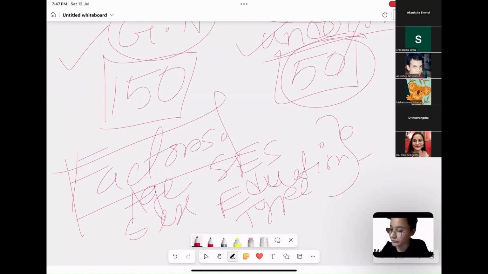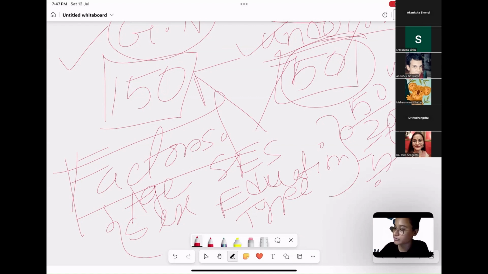So these we are taking into account as the factors which are responsible for this prevalence. The prevalence, I told you, it can be 150 by 200 prevalence or proportion, and this is for good nutrition, and for bad nutrition 50 by 200. This is our prevalence. And now we need to know what are the factors playing a role for this prevalence and this prevalence, right?